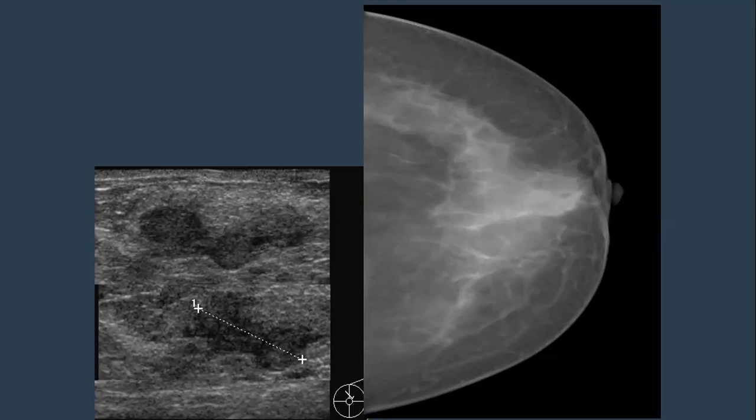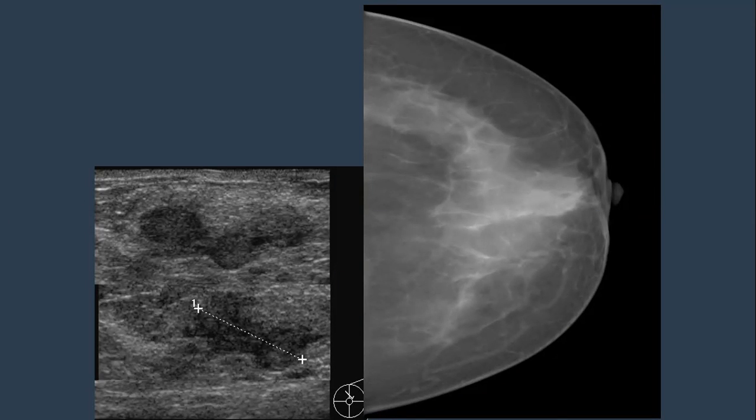Could it be a papilloma? Or does the papilloma cause architectural distortion? Usually this occurs with intraductal carcinoma when it becomes infiltrating.